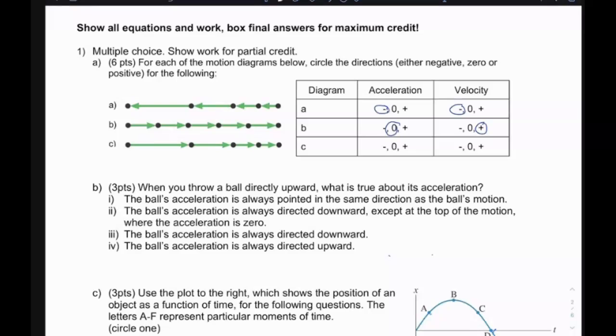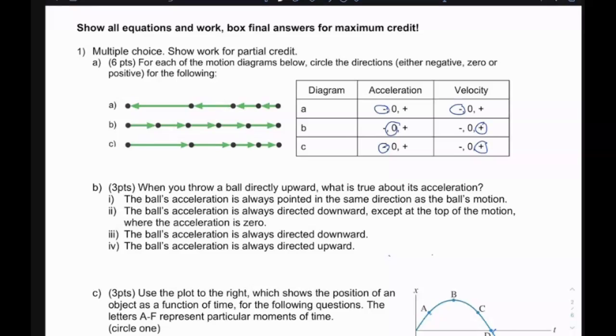So the acceleration must be negative if the velocity is positive. So that's question 1A with 6 points.